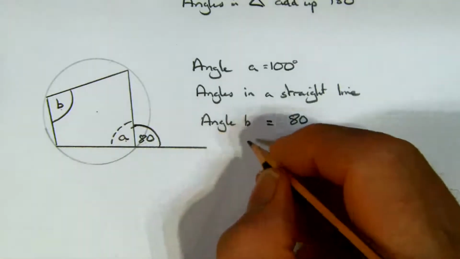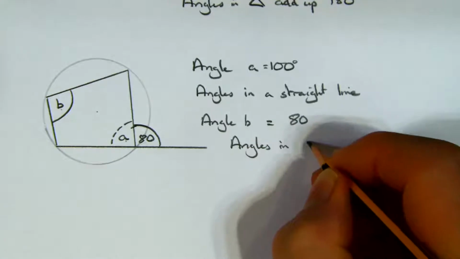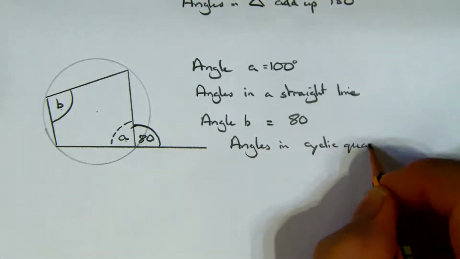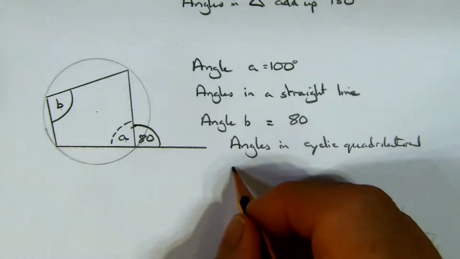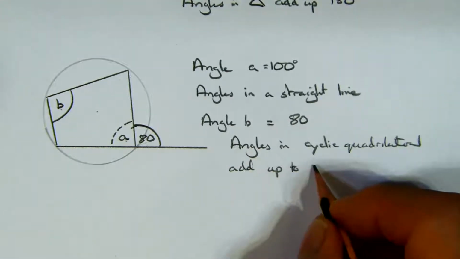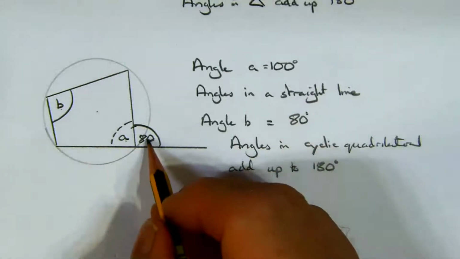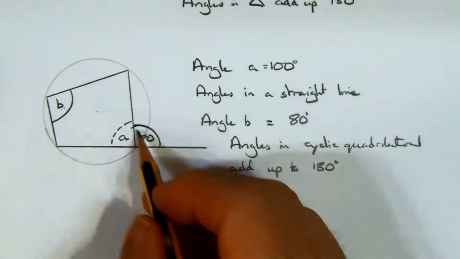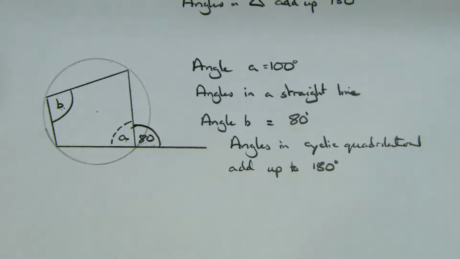And this is because the angles in a cyclic quadrilateral add up to 180 degrees. What we can also see is that angle B and the angle there labeled 80 will actually be the same.